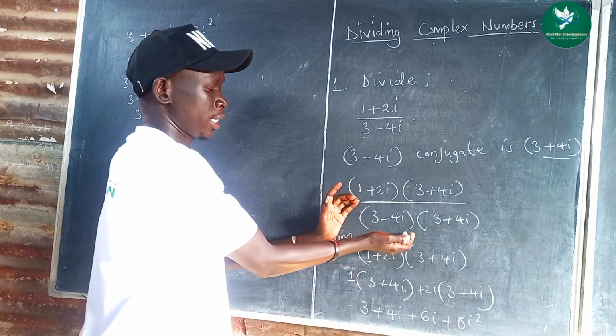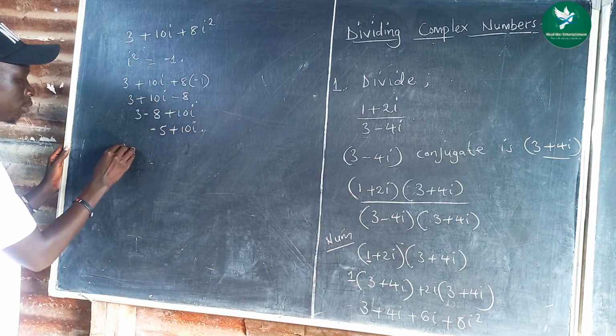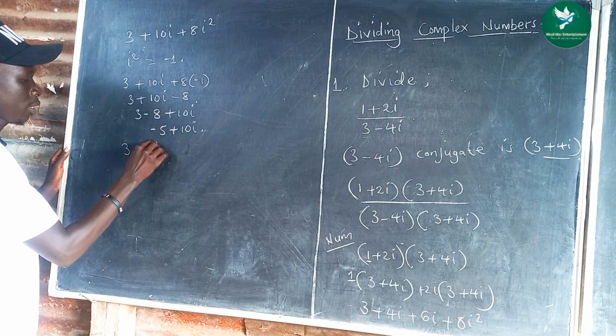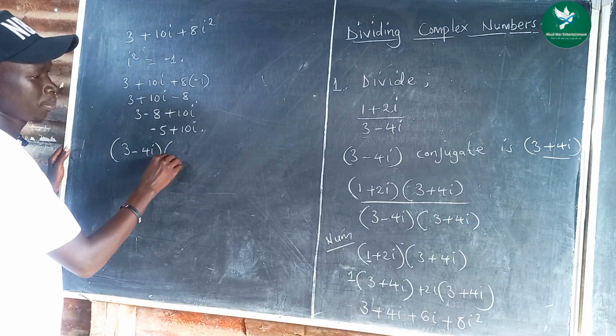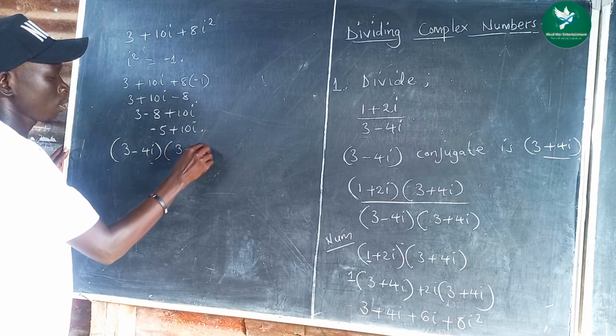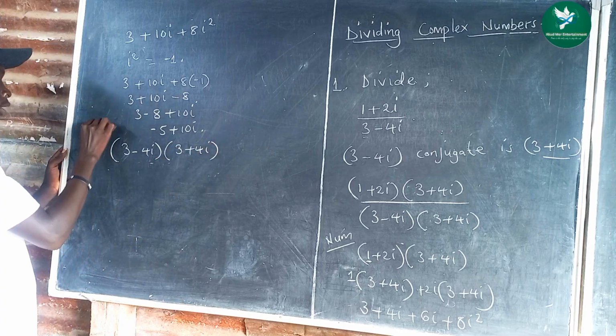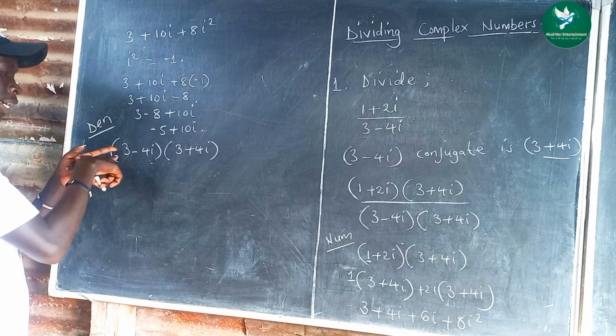But what about the denominator? Our denominator is 3 minus 4i. We multiply with 3 plus 4i. This is our denominator. Again, multiplication.